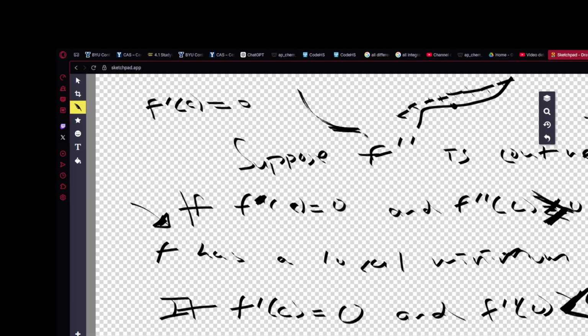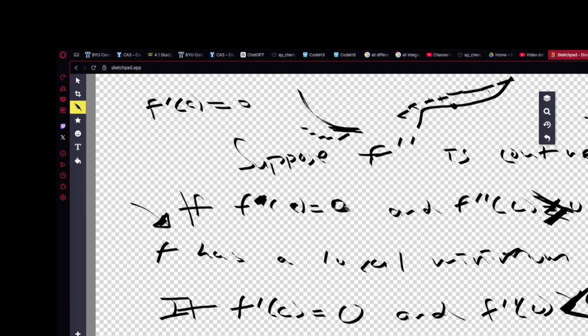But if f prime of c equals 0 and f double prime of c is greater than 0, that is the case in which a local minimum can occur, because f double prime indicates that f prime is going from a negative to a positive magnitude.